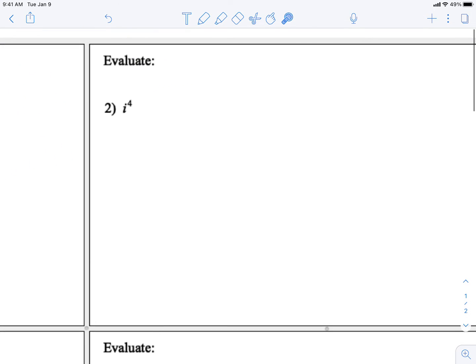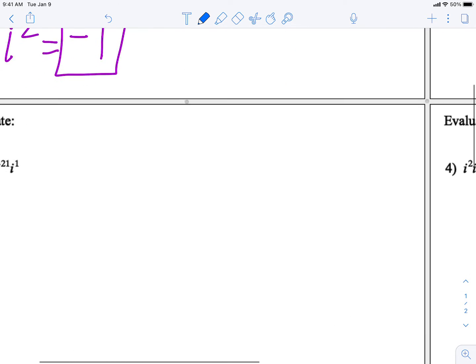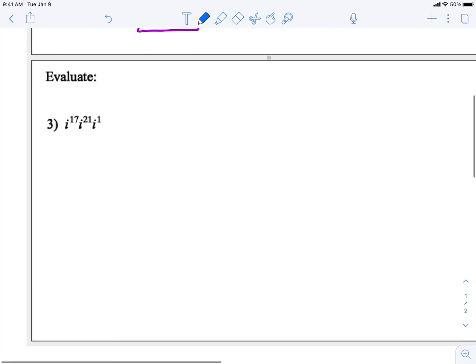So this one, literally, the answer is 1. That's it. Right? No need to do the extra work. It's already in the imaginary key. i to the 4th is 1. Okay. That was easy. Let's move on to number 3.